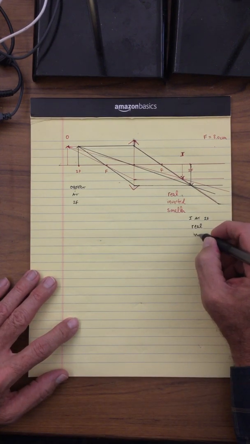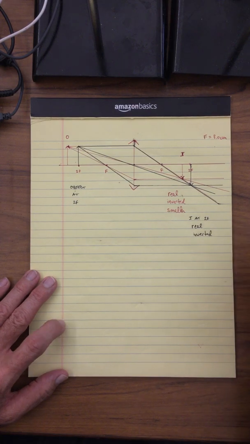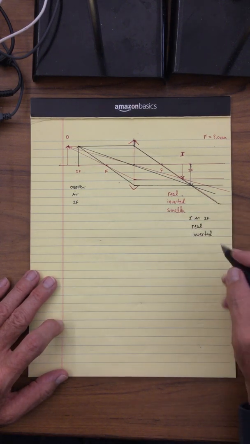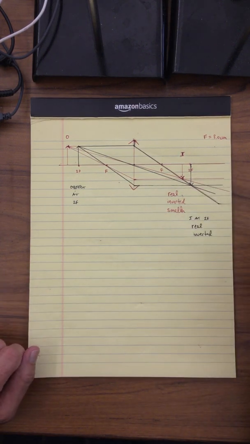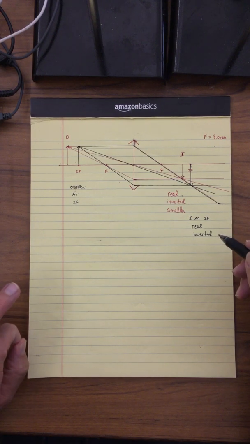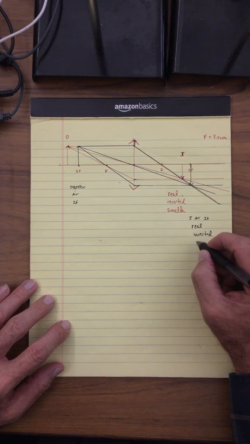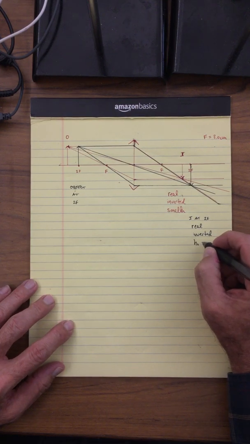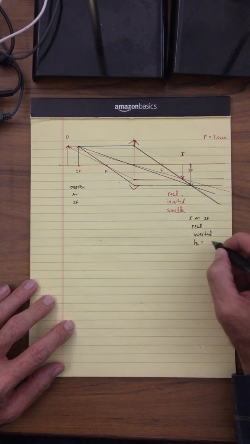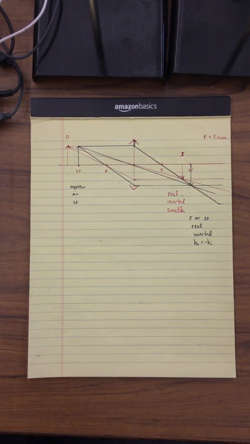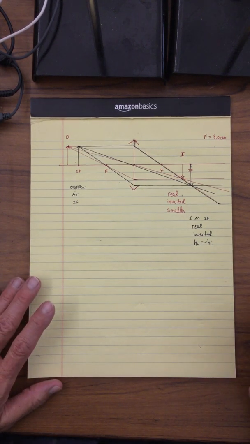It's inverted. And it's larger than it was previously, but it's real and inverted. It's the same size. So in this case, the height of the object equals the negative height of the image, because inverted means you're going to have a negative height.